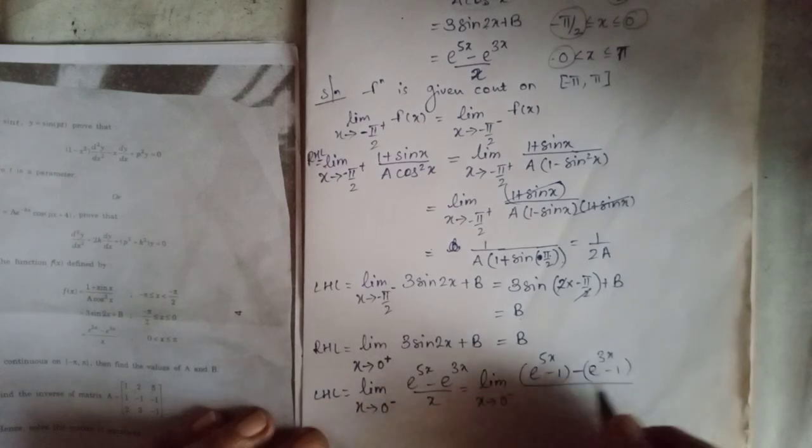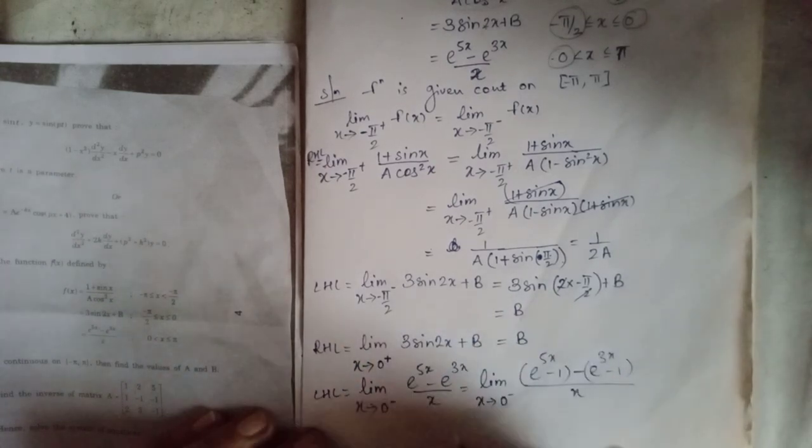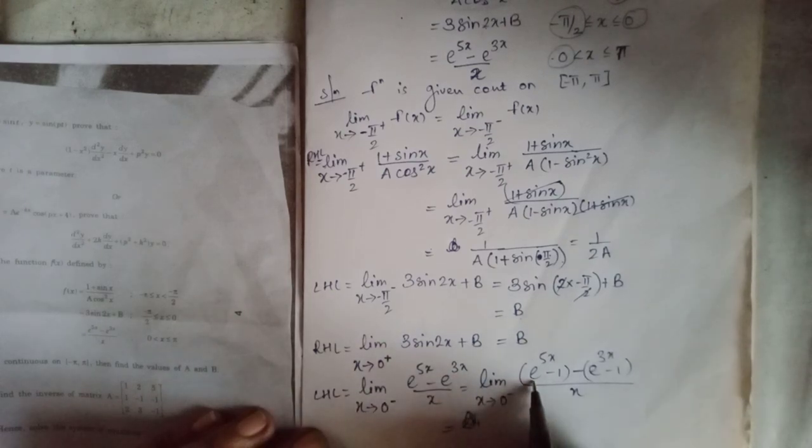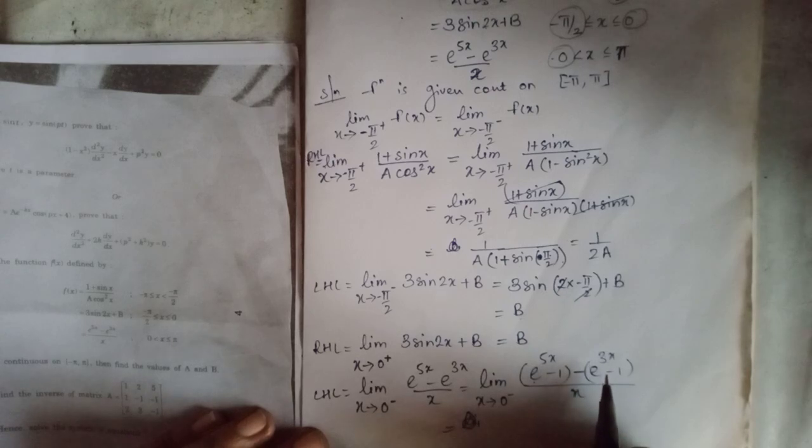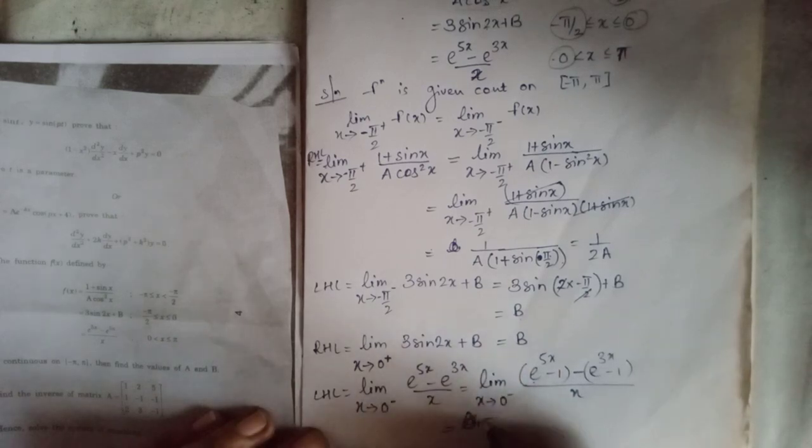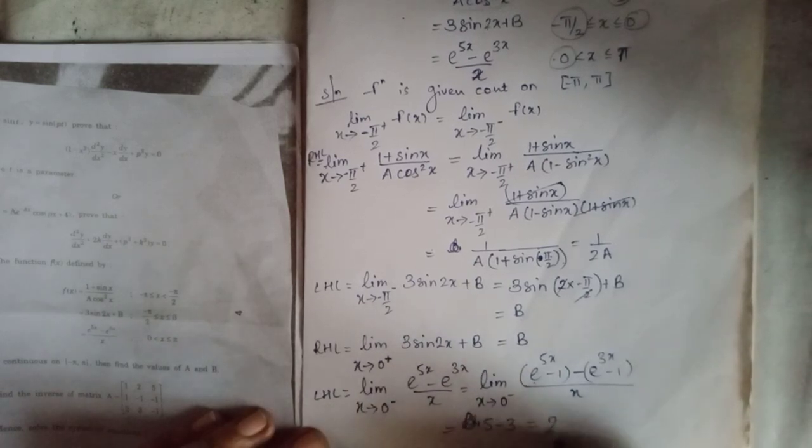We are adding and subtracting 1, so using the limit formulas, this becomes log e raised to 5 minus log e raised to 3, or you can write it as 5 minus 3, so this is 2.